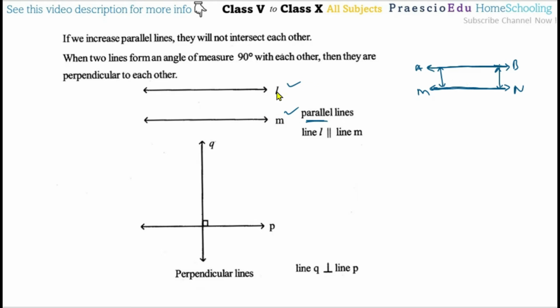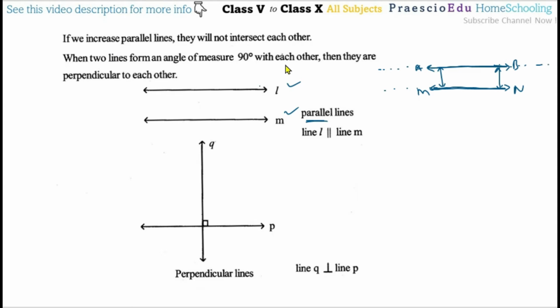Now these two lines are parallel means if you extend these lines up to 1 kilometer, 2 kilometers, 1,000 kilometers, up to the sun, or up to infinity, these two lines never intersect.